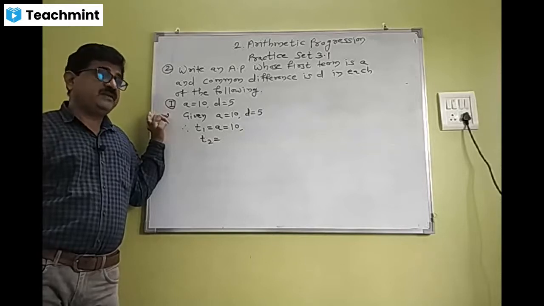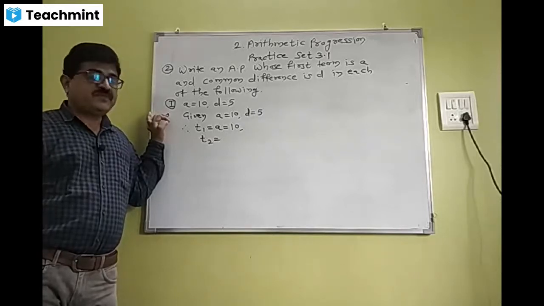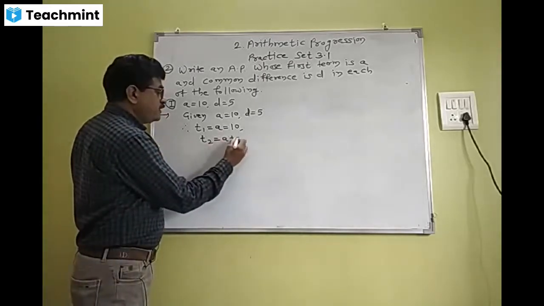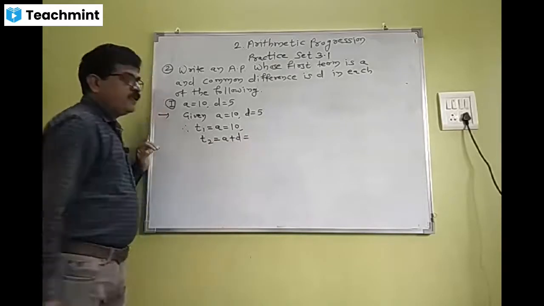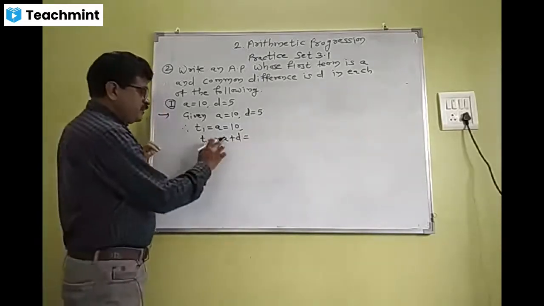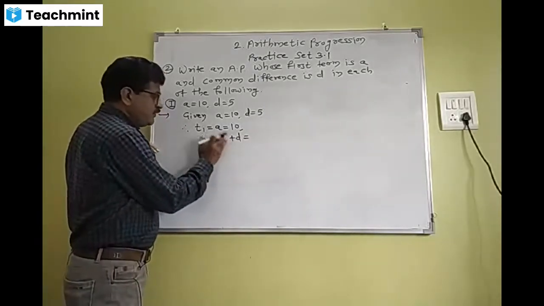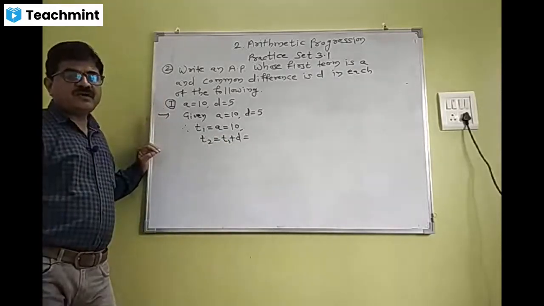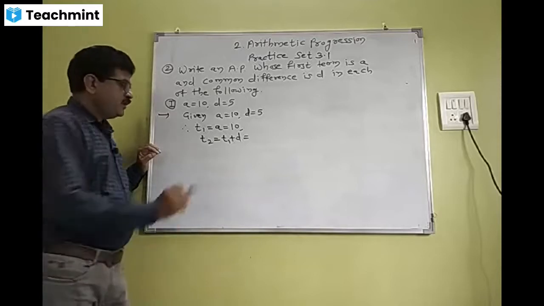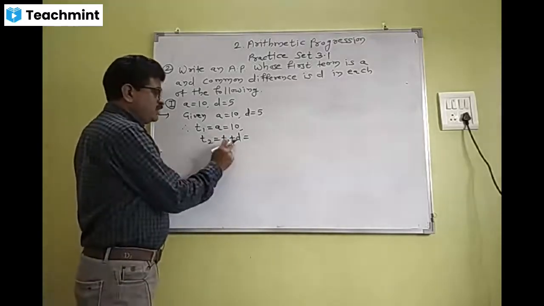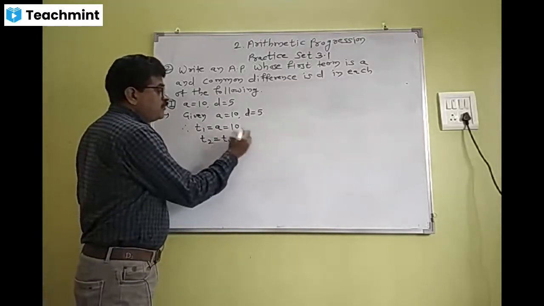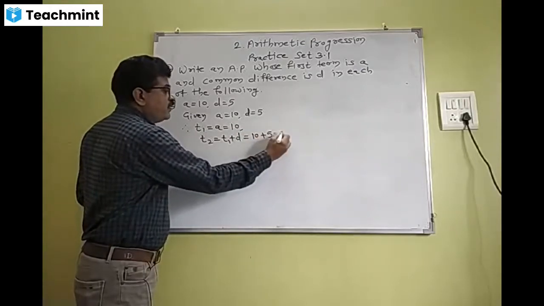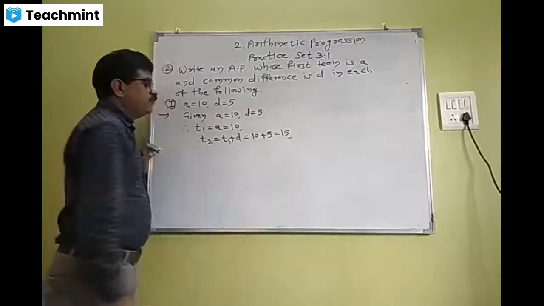A plus D, correct. 10 plus 5, that is A plus D. Or write down this as T1 plus D. Previous term मध्ये common difference D add केला. T2 is equal to T1 plus D is equal to value of T1 is 10 plus D is 5 is equal to 15.